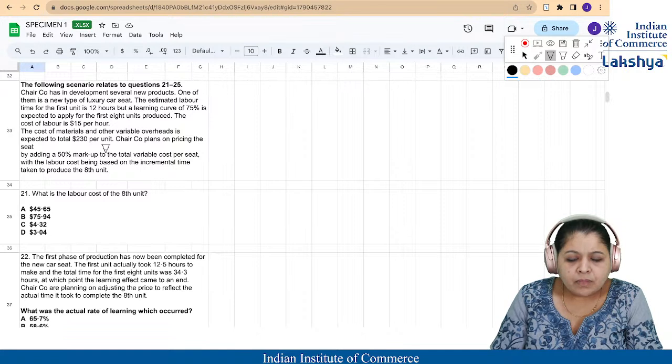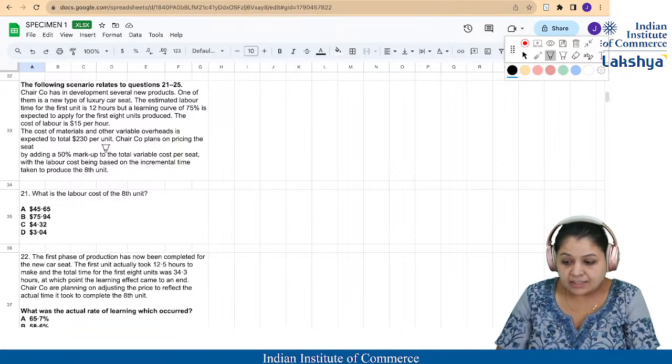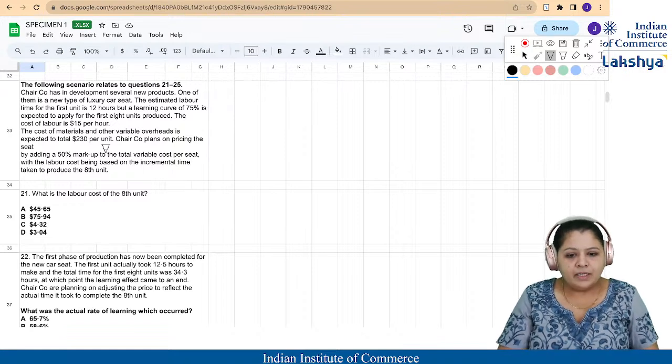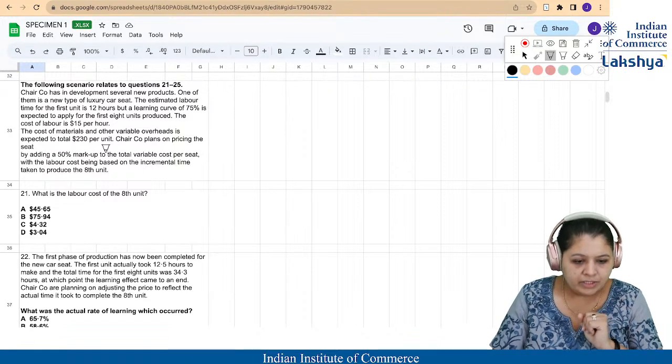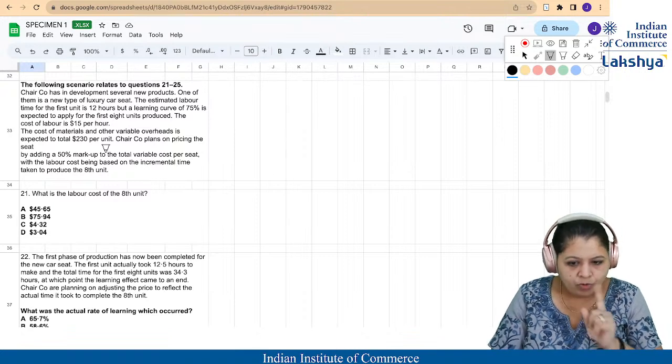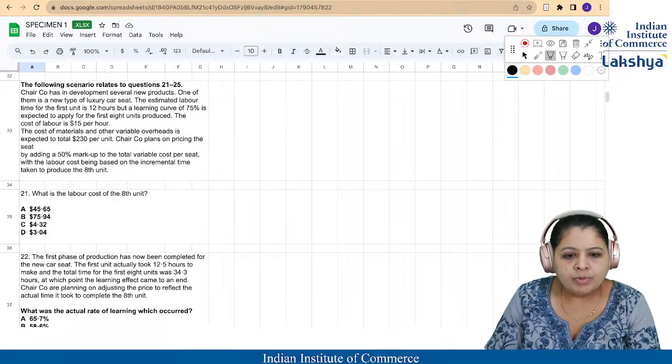The cost of labor is $15 per hour. The cost of material and everything is given. So this is a question of learning curve, where students get a little trouble of how to find out these units. I want to show this to you on a proper Excel sheet.